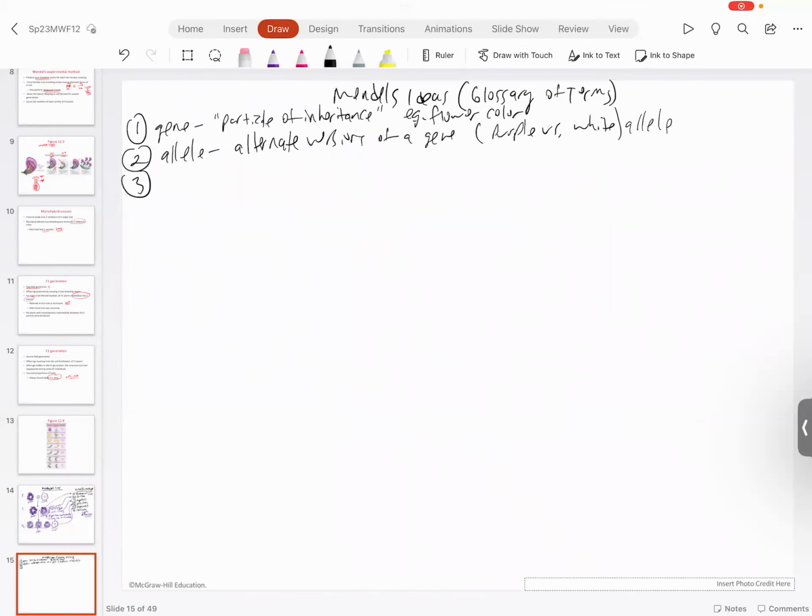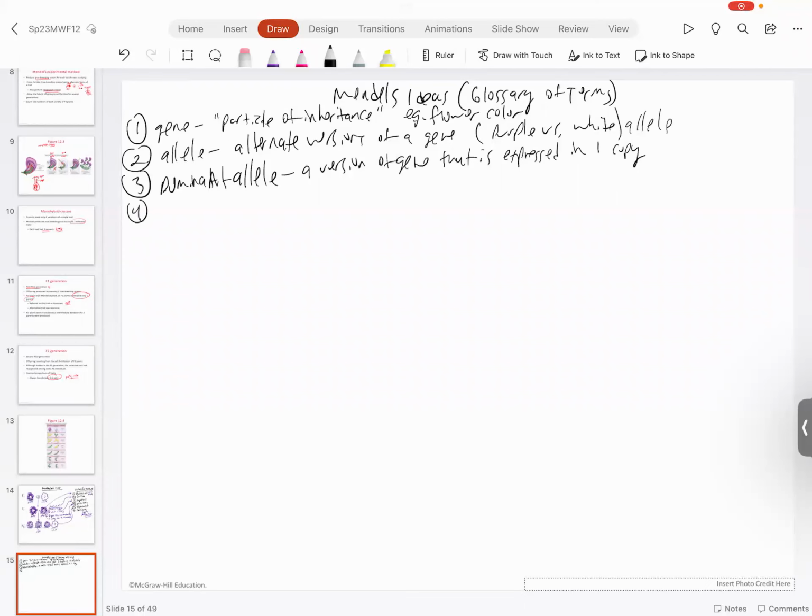So when you look at this, then he basically reasoned out the concept of the dominant allele. A version of the gene that is expressed in one copy.